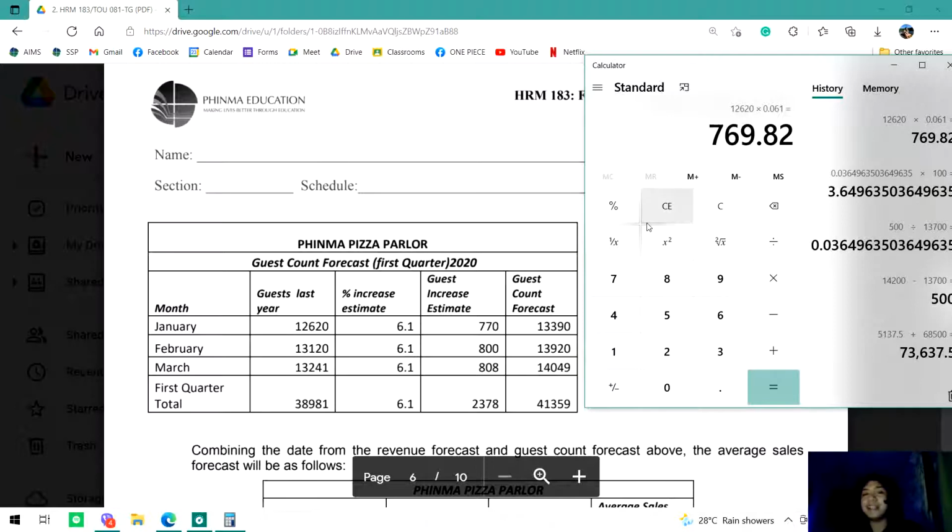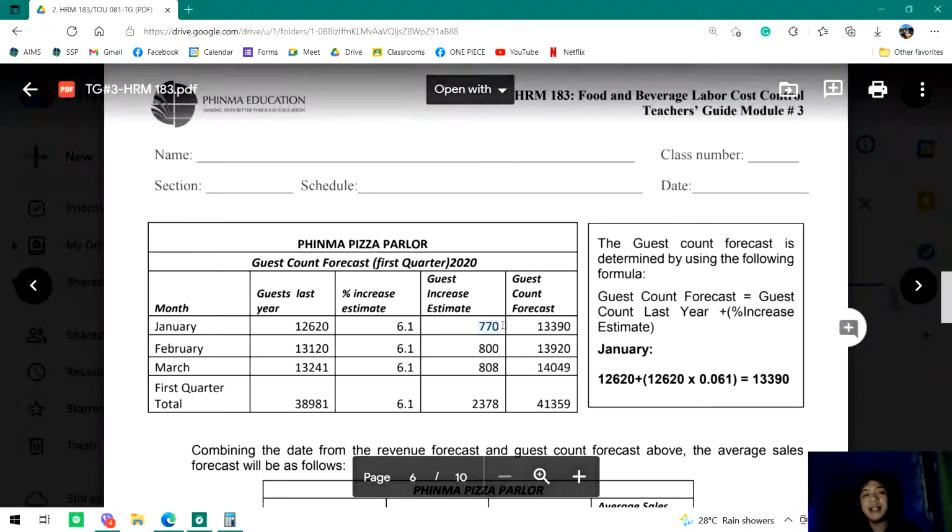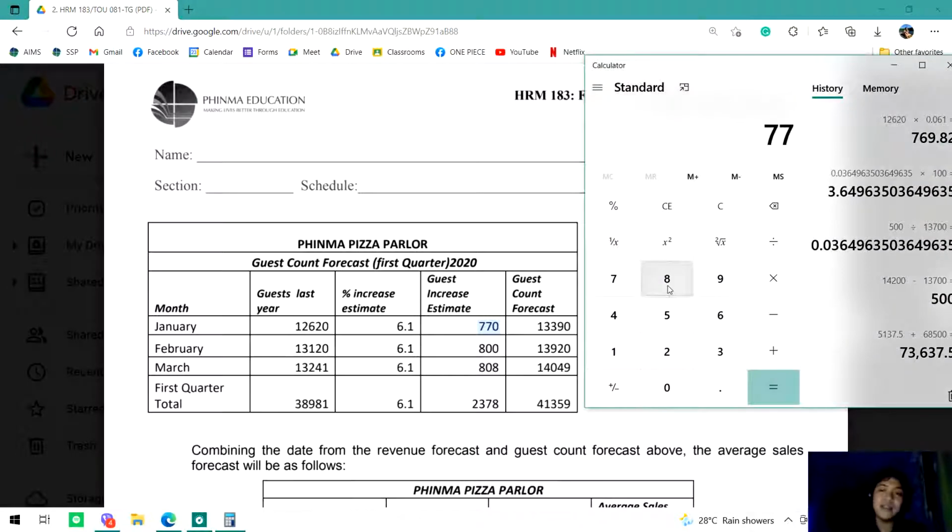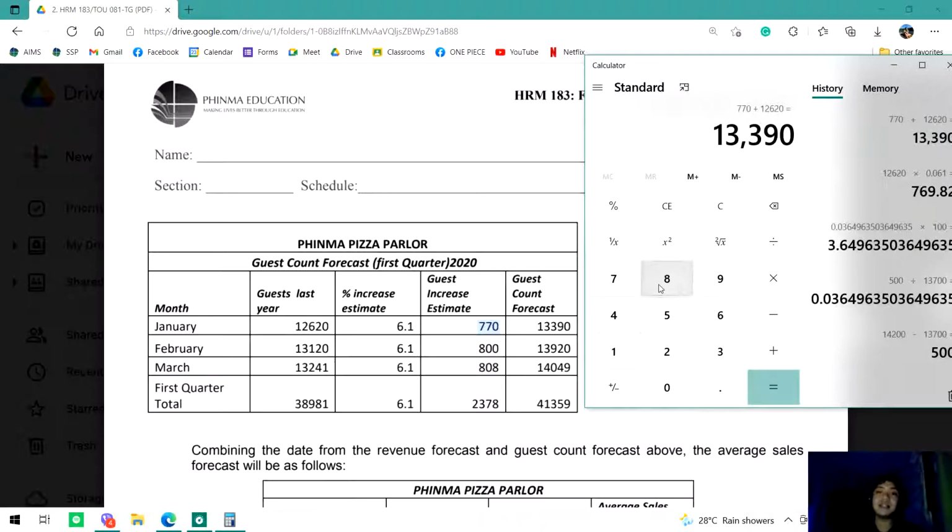Kasi, di ba, ladies and gentlemen, we cannot have a decimal value for guests. Hindi naman tayo nagsiserve ng isa't kalahating guest or isa at 1/4 na guest, di ba? So, dapat we round these things up. So, this is 770. And then we just add 770 to the guests last year, which is 12,620. Ayan, 13,390.